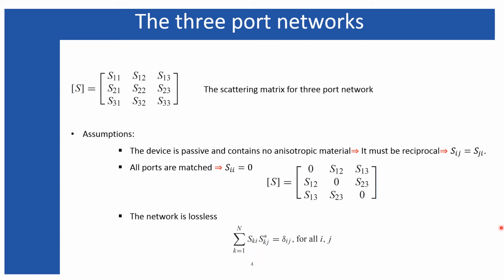Since the network is lossless, the total power incident at port i will be distributed to all other ports. That means for k from 1 to n, the summation will be equal to 1, because no power is going to be consumed by the network itself. So the summation of the power at all kth ports when you are exciting the ith port will be equal to 1. Otherwise, they will be 0.